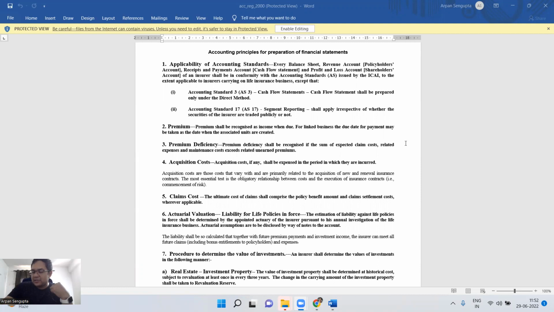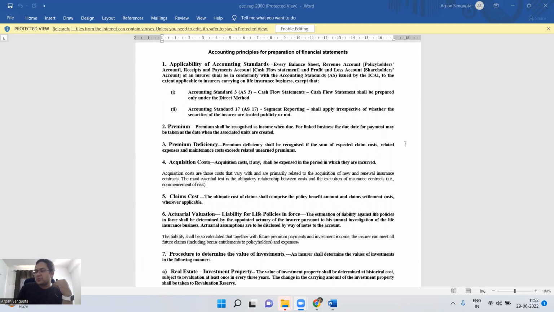For participating business, a revenue account will be produced, and for non-participating business, a shareholder account or the P&L account. We kind of interchange the terms revenue account and P&L account, but that's not actually correct. For participating business, the revenue account would be used because you are only concerned with the surplus that arises there, since as an insurer you don't have a claim to the entire surplus.